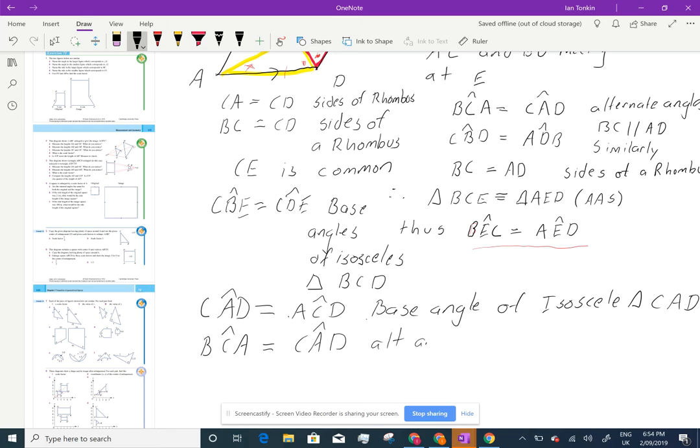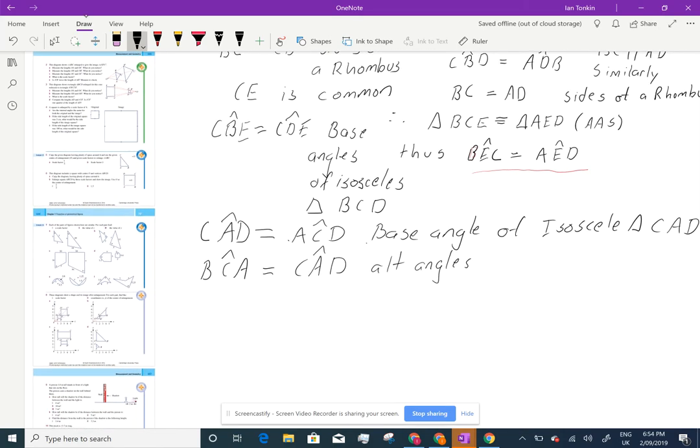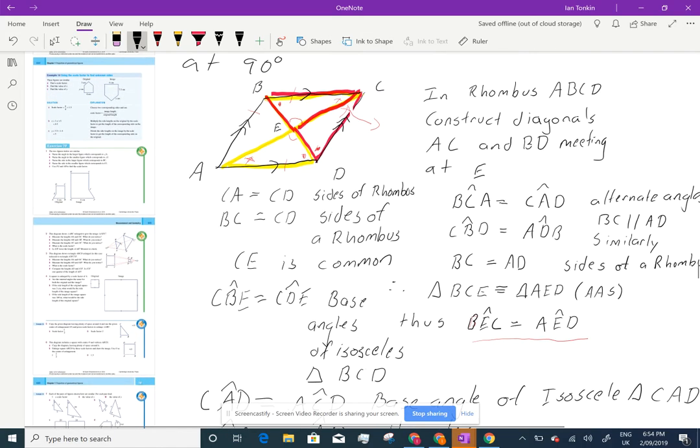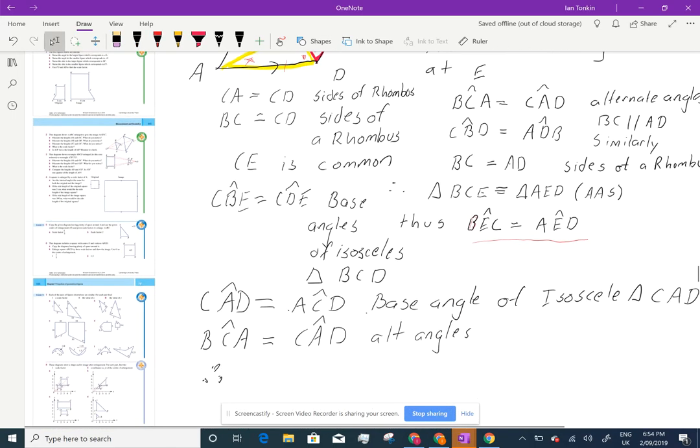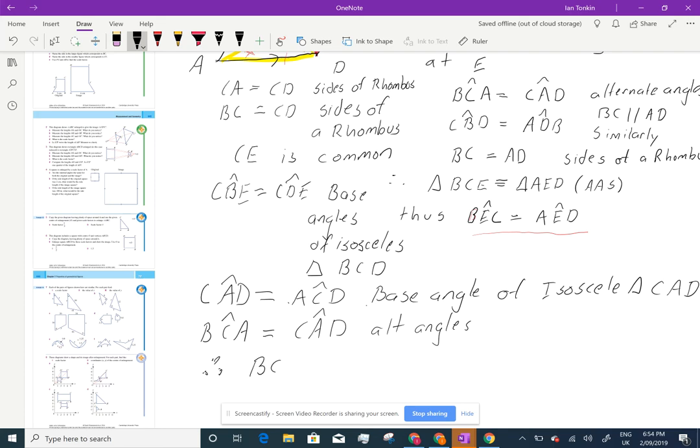Alternate angles. Therefore, what are we trying to show? That BCA equals ACD. Therefore, BCA equals CAD equals ACD.